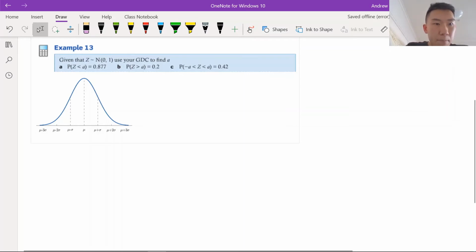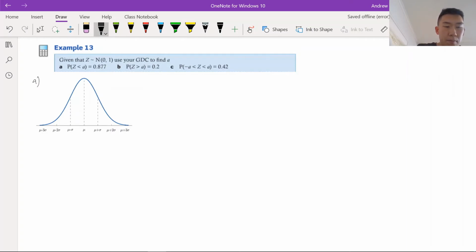Given that we have a standard normal distribution, we're going to find A, some value on here, where anything less than A gives us an area of 0.877. Really useful when we do these types of questions to graph it.